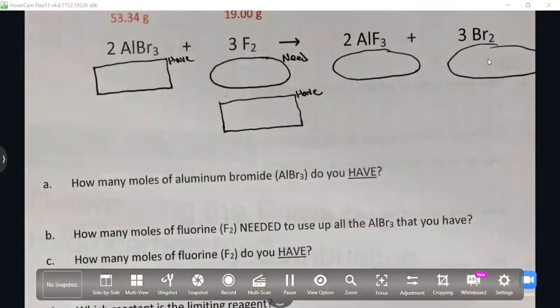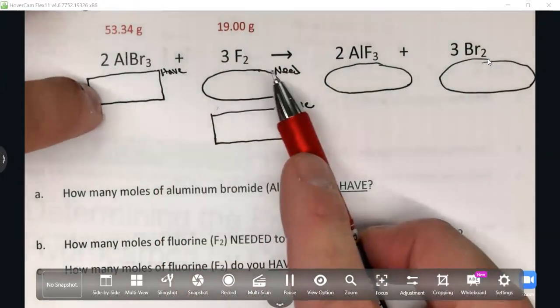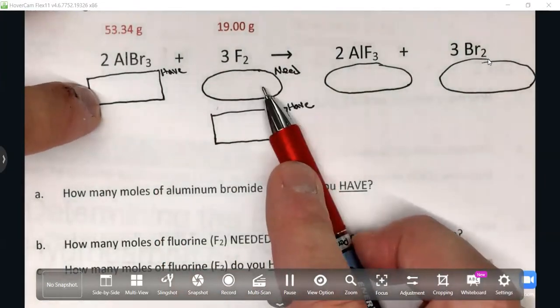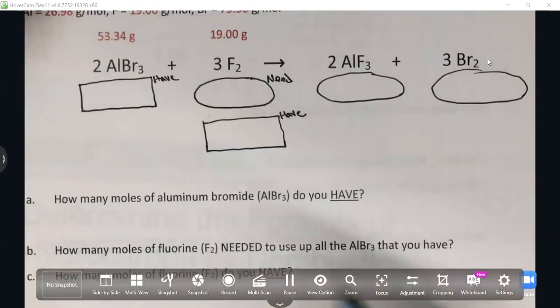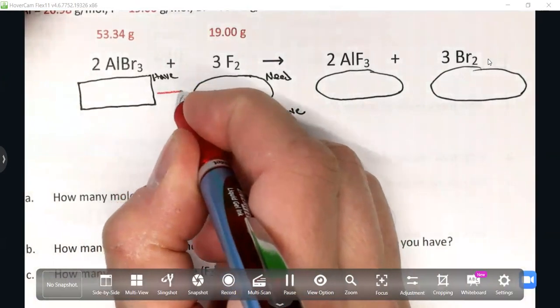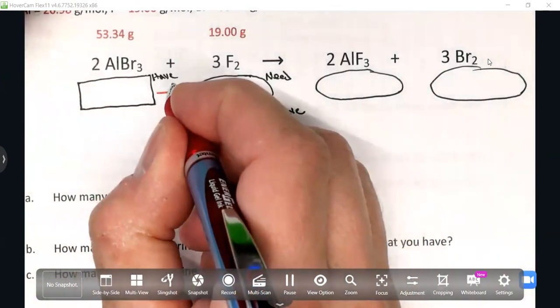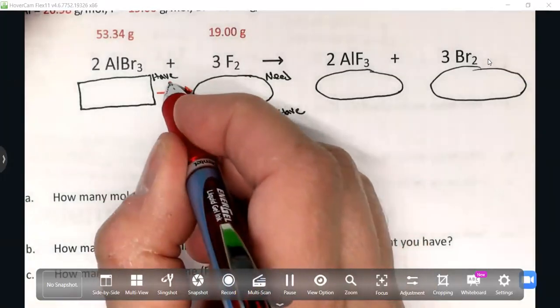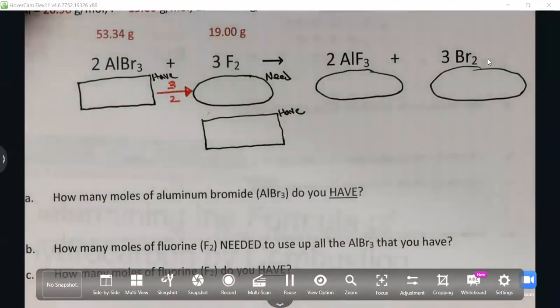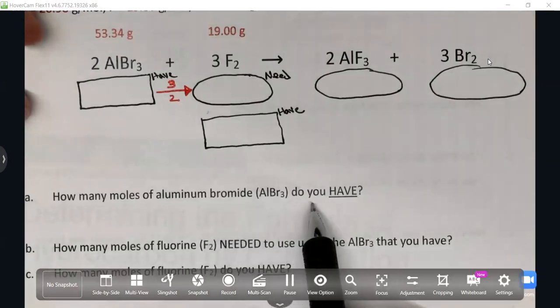What do you have to calculate? How many moles of one that you have, how many moles of the other one you need, and then how many moles you have. So we already know this mole fraction right here is going to be 3 over 2, right? All right, so letter A, how many moles of aluminum bromide do you have?